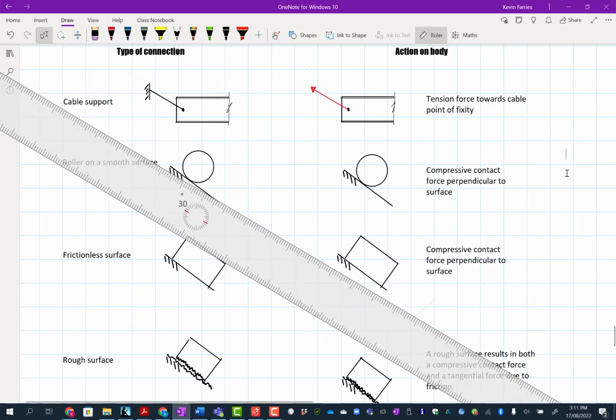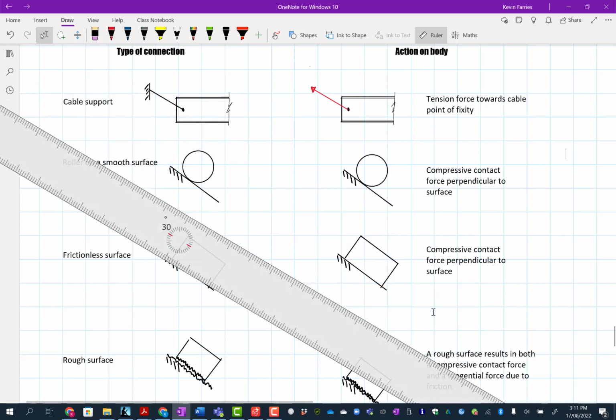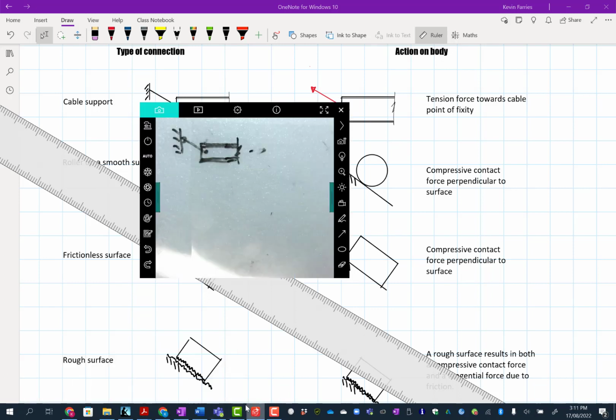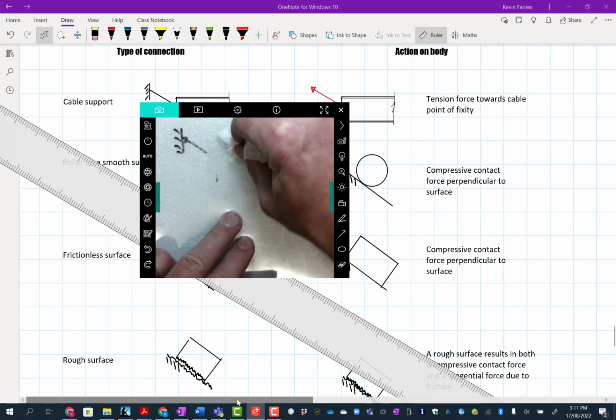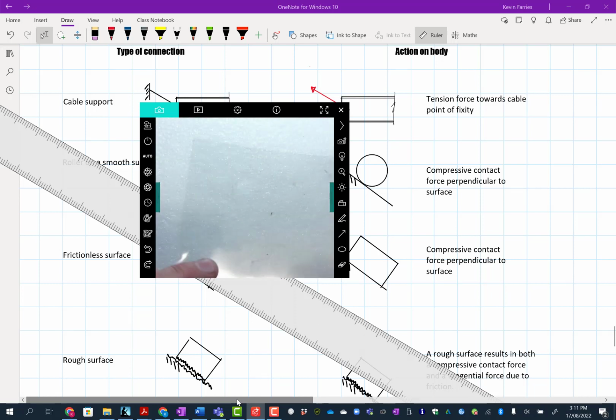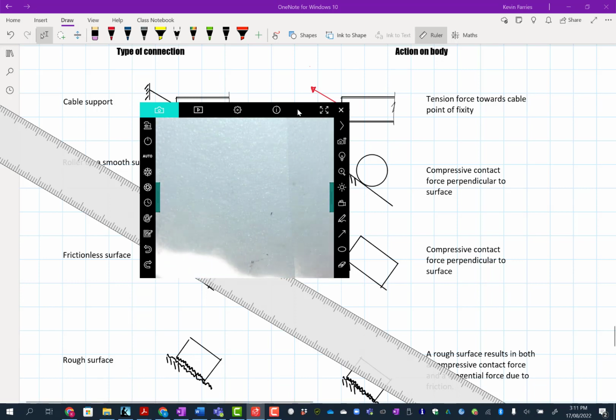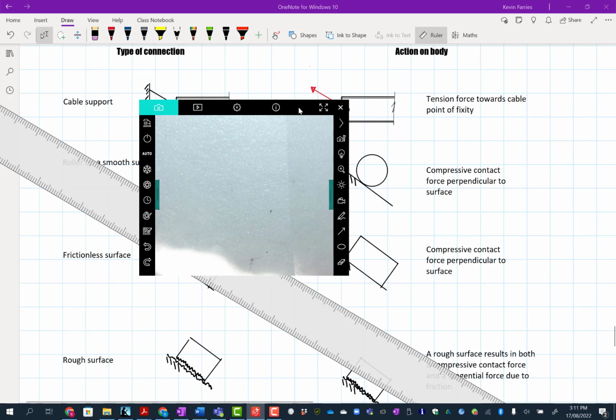Now, let's have a look at the next one. Just give me a second. There we go. So let me rub this out. So this time what we've got is a smooth surface with a rolling object. Roller on a smooth surface.